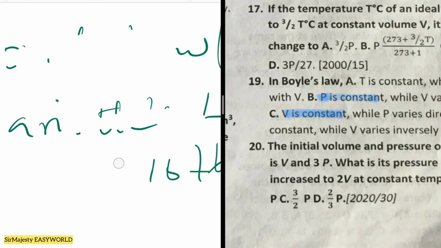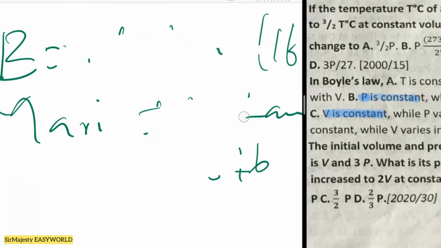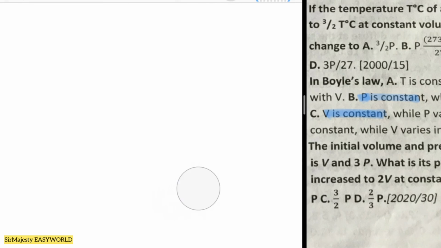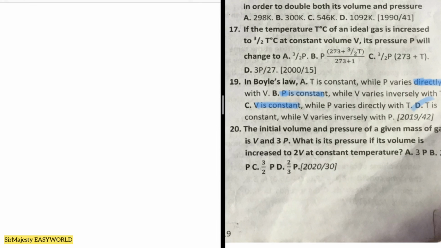We'll be solving question 20. We are going to use P1V1 equals P2V2. Simple. These particular figures, just assume that this V is 1V and then this 3P is just 3.